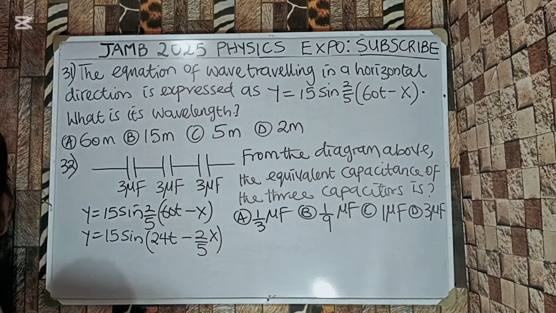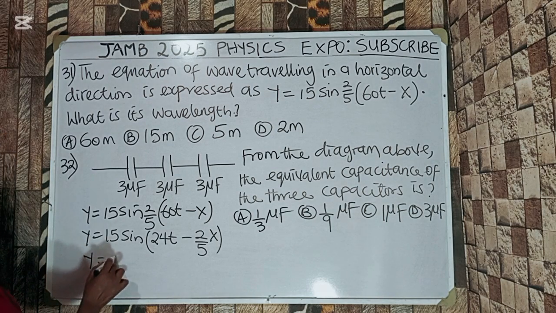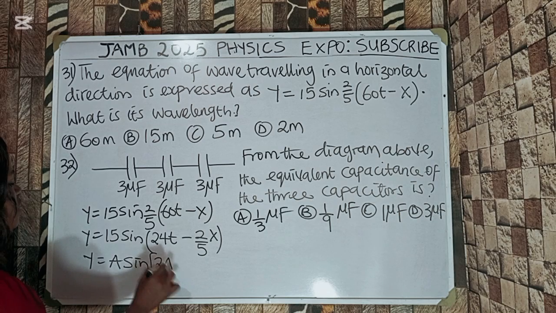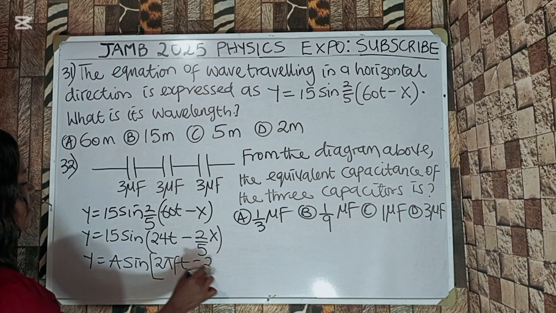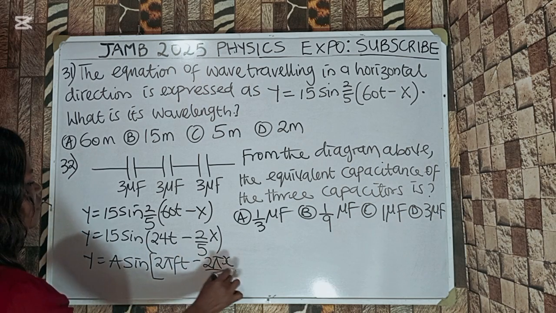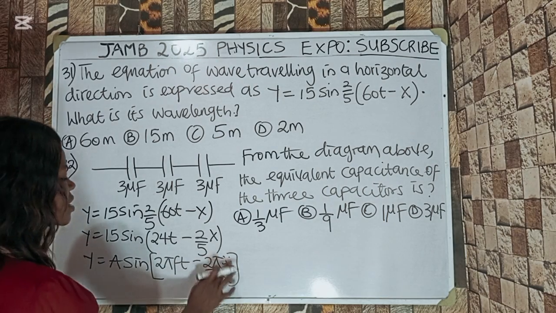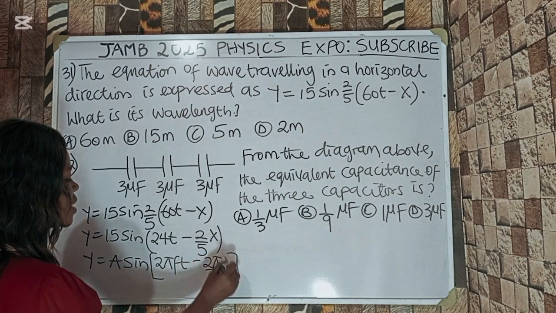Now using a progressive wave, we have that y is equal to a sine bracket 2 pi ft minus 2 pi x over lambda. Okay, so when I equate this to this one, this is just x, let me change it to x, sorry.